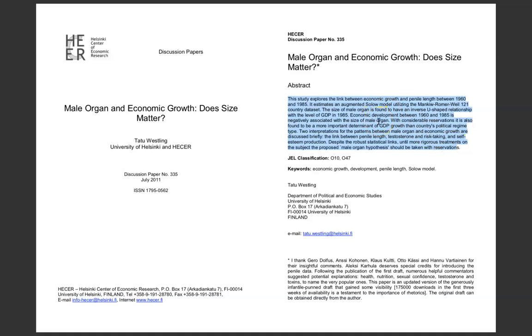The Solow model is an economic growth model, and it found that economic development is negatively associated with male organ size. It means that the bigger or longer the size, economic growth would drop, a negative relationship.